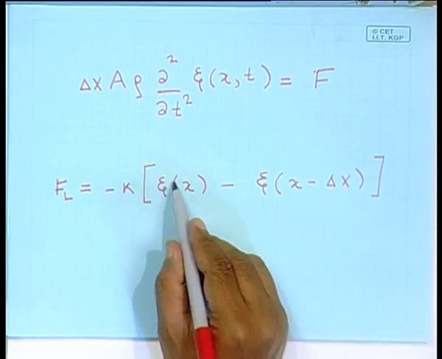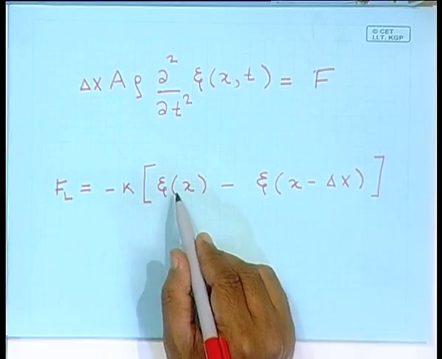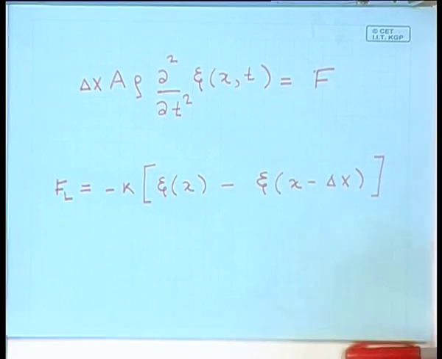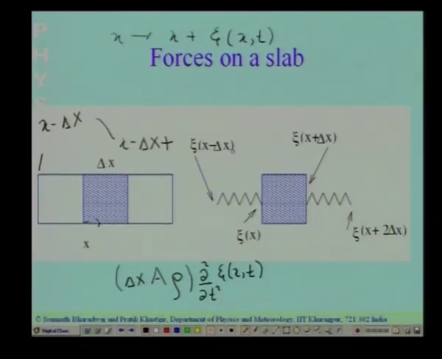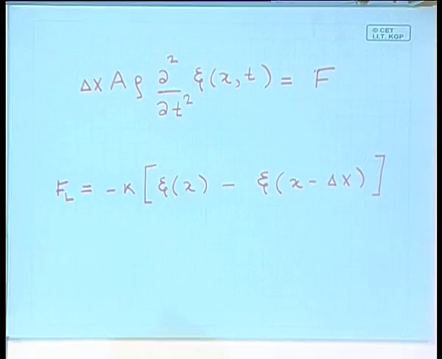So, this is the deformation of the spring. The left tip of the spring gets displaced by xi of x minus delta x, the right tip gets displaced by xi of x. So, the total deformation of the spring is the difference between these two, and there is going to be a force opposite to this deformation, which is the force due to the spring on the left, which is what I have shown over here.